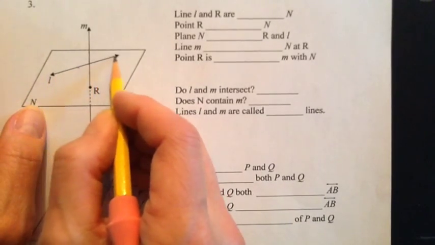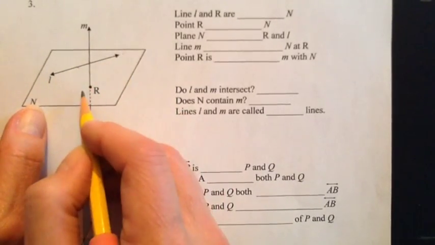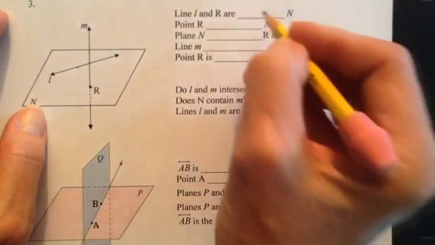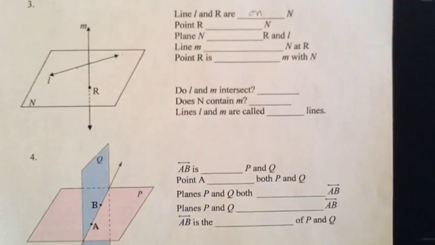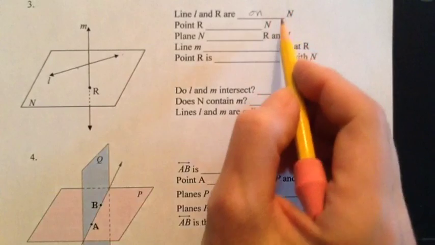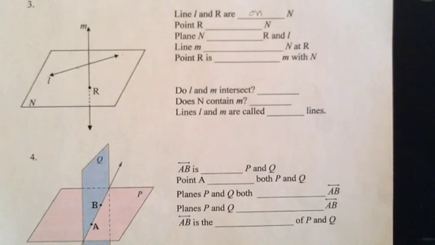Line L and point R are on plane N. And you can see how there's a little script thing going on here, so I know that that's a plane, okay?